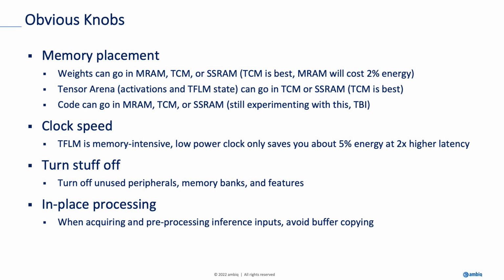And then something else that's kind of hard to do, but has big, varying impacts, is in-place processing. The naive way of operating on your incoming data is you have your audio ADC or something DMA your data into a chunk of RAM. You copy it somewhere else. You compute your spectrograms, which copy into somewhere else.